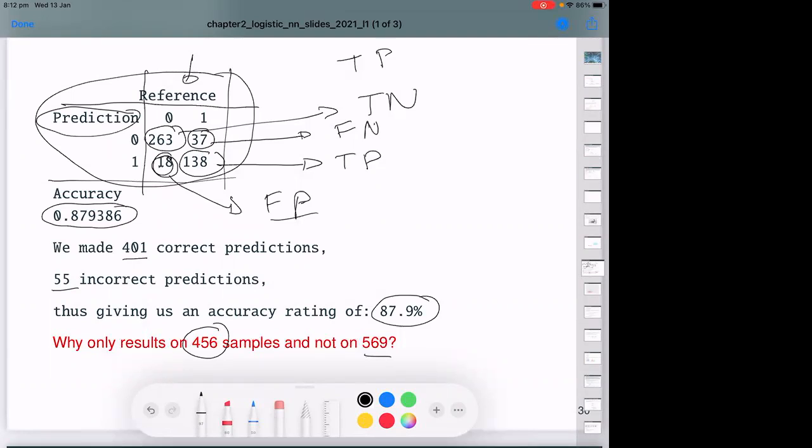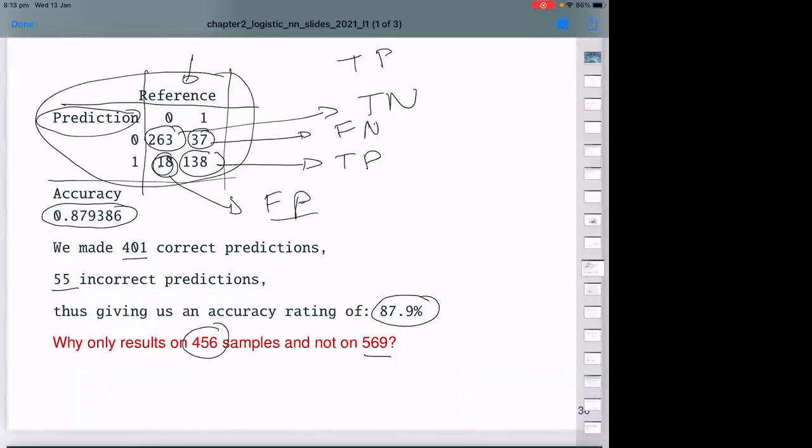So yes, in fact, I removed some data to create a training set and a test set, so as not to overfit my data.